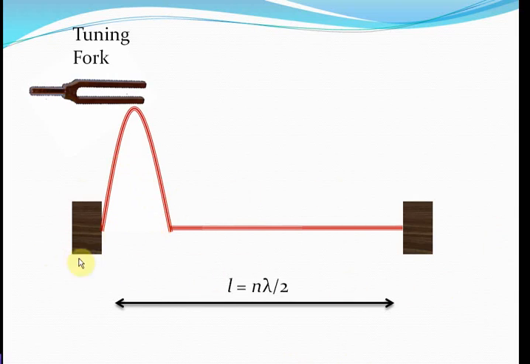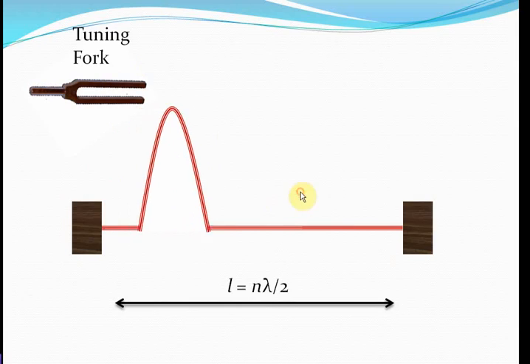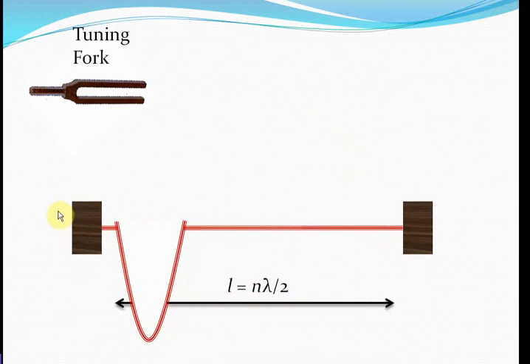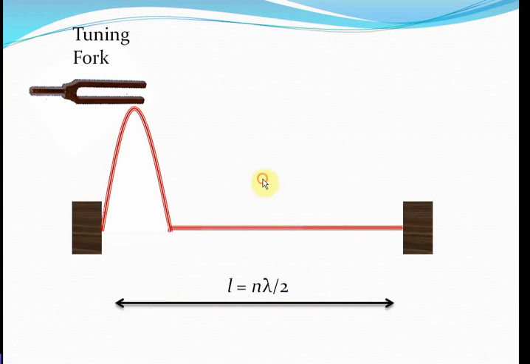Why? Because this wave which got reflected and got back was in phase with the new wave the tuning fork was sending, and the net wave that will be formed will be like this. Now this wave will again travel to the right, it will again get reflected and come back, and it will again get inverted like this.